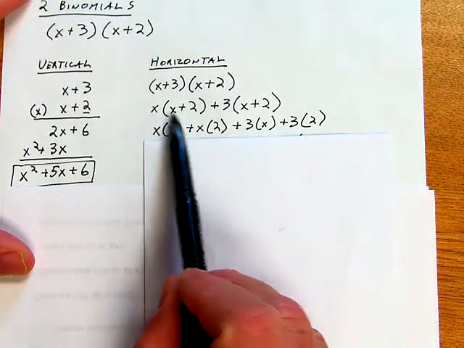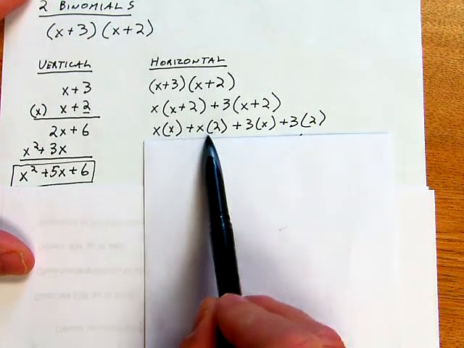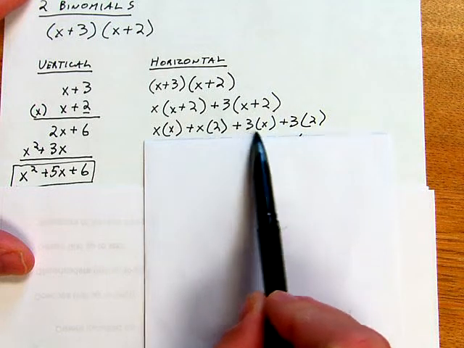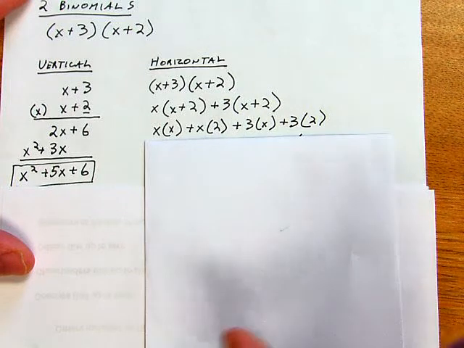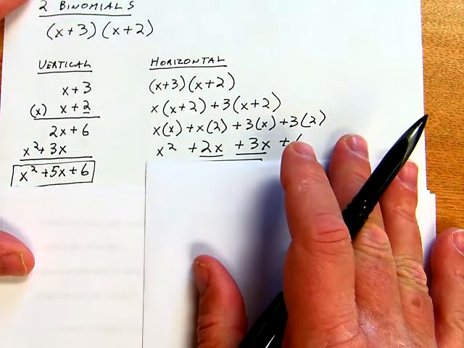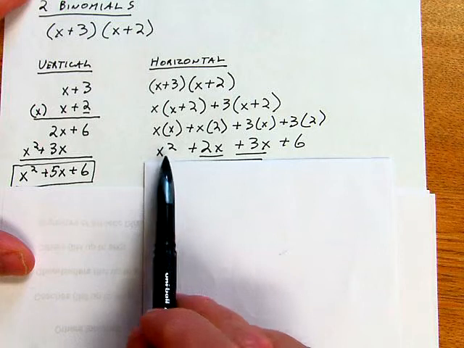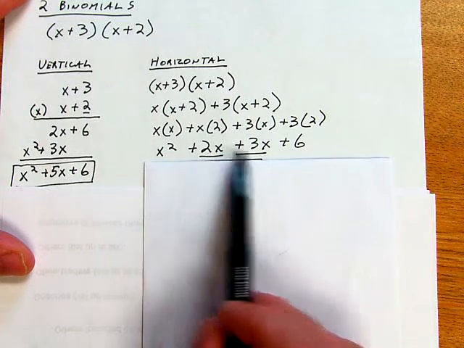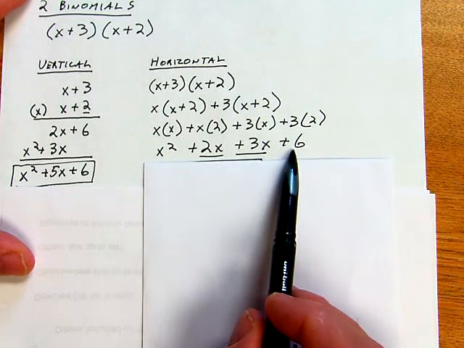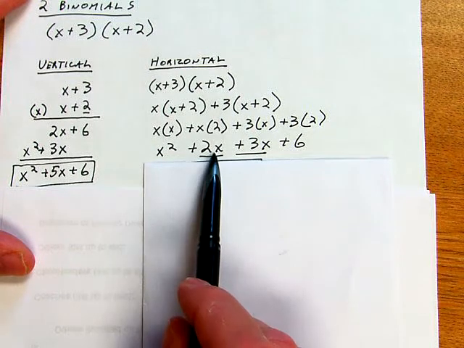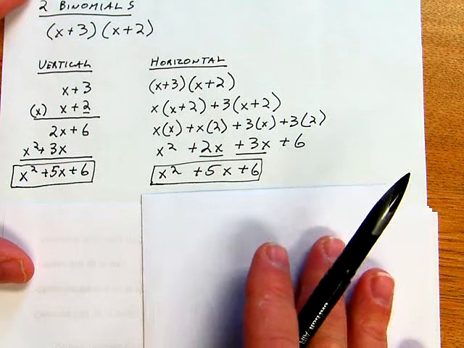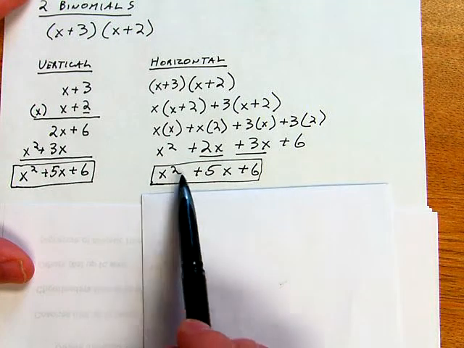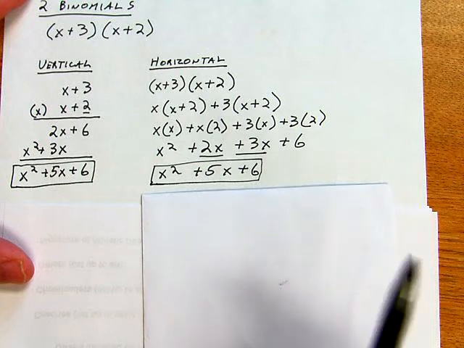We get x times x, x times 2, 3 times x, and 3 times 2. Then we rewrite that with everything written correctly: x squared plus 2x plus 3x plus 6. We notice that the 2x and the 3x are like terms, so we can combine them together, and we come up with our final answer of x squared plus 5x plus 6.